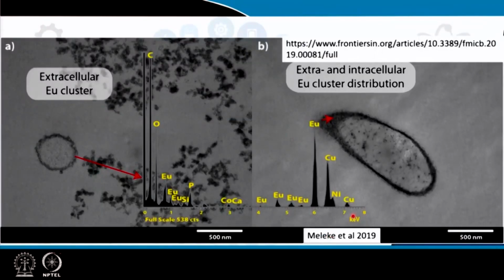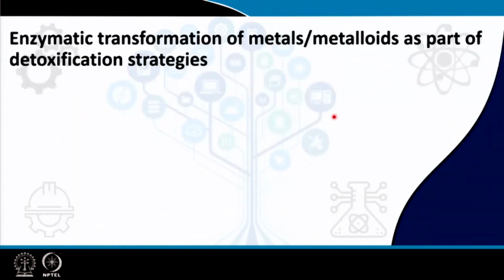In a further study, Merroun et al. in 2019 found that europium, another very interesting rare earth element, is biomineralized in a similar way in and around the cell. You can see the bacterial cell with a large amount of europium deposited, and through a very sensitive method of energy dispersive X-ray analysis, the scientists confirmed that these are europium deposits.